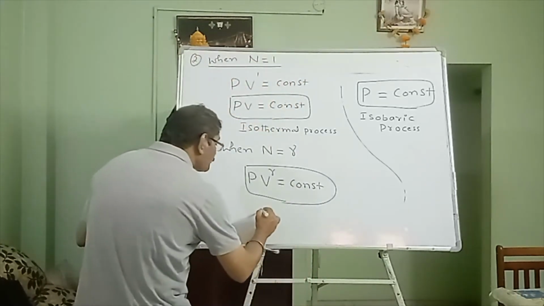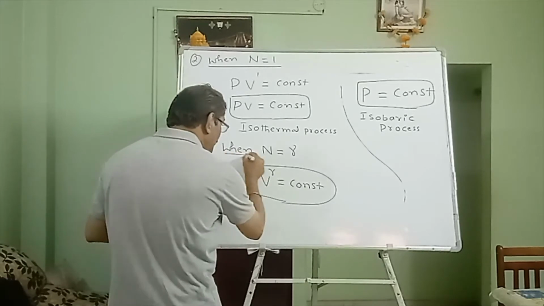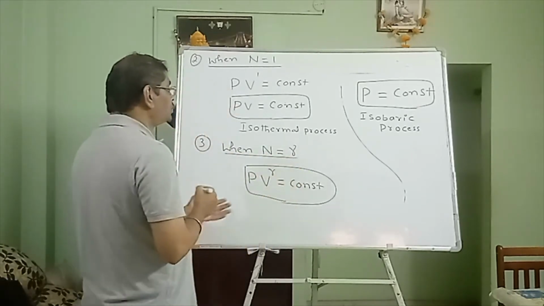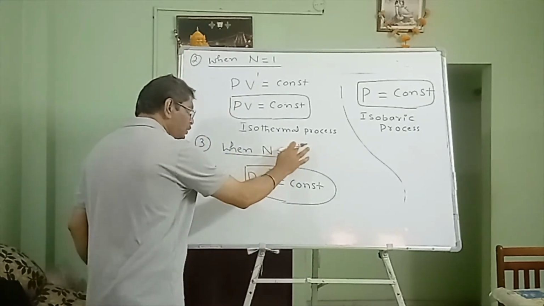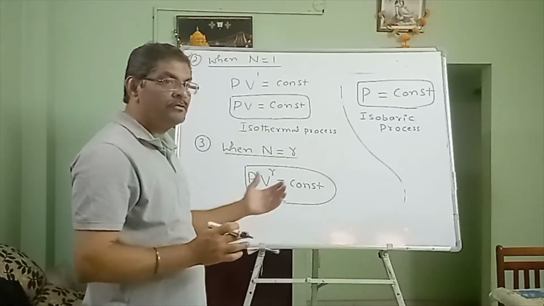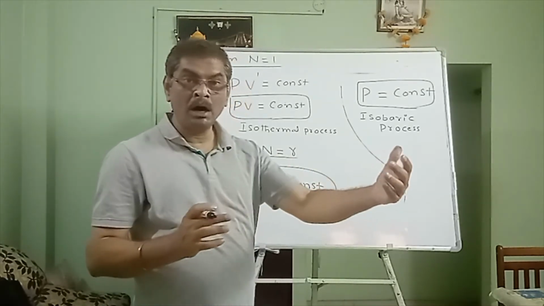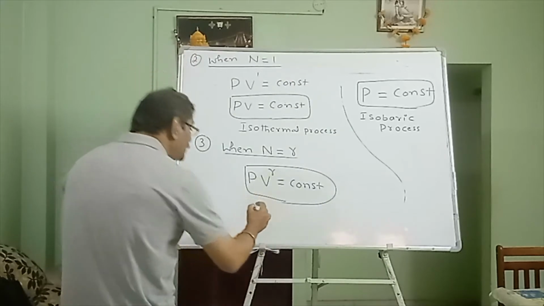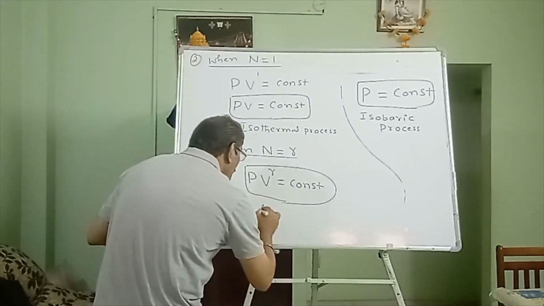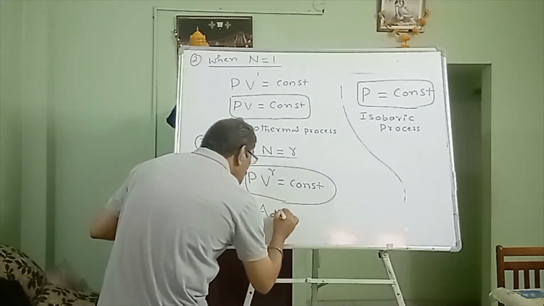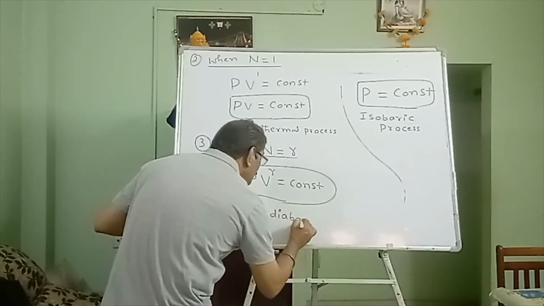So when I put N equal to gamma, I get PV^gamma equals constant, and this process is called the adiabatic process.